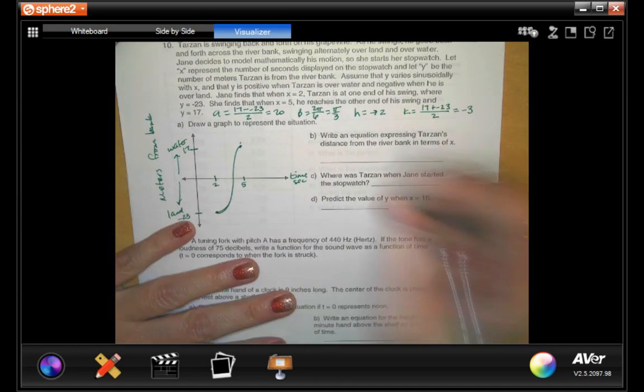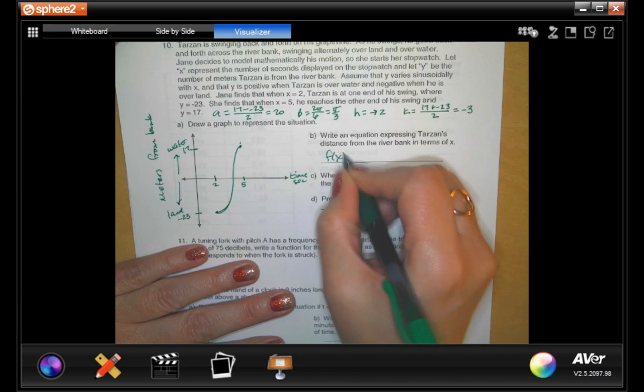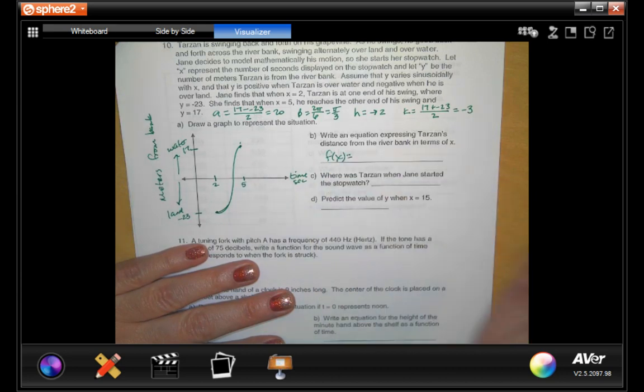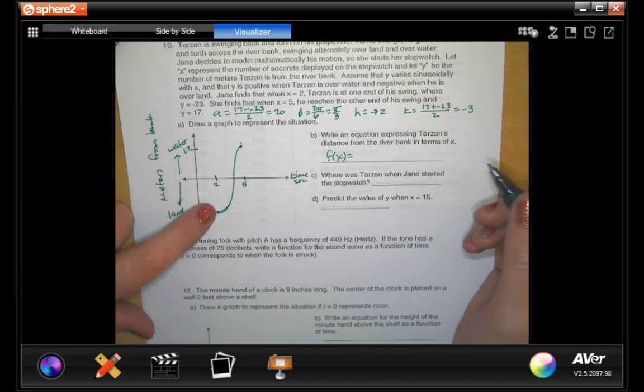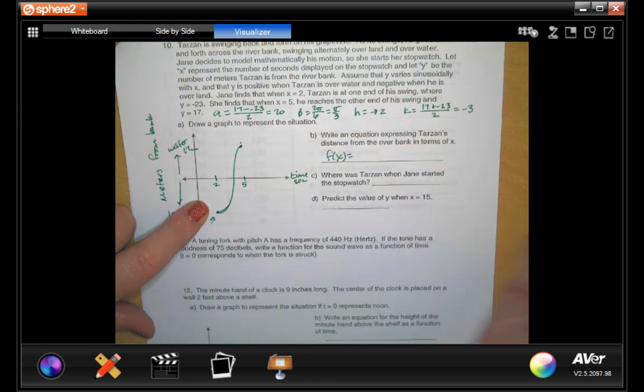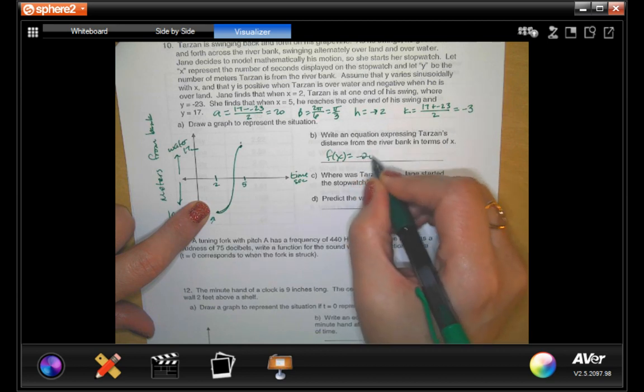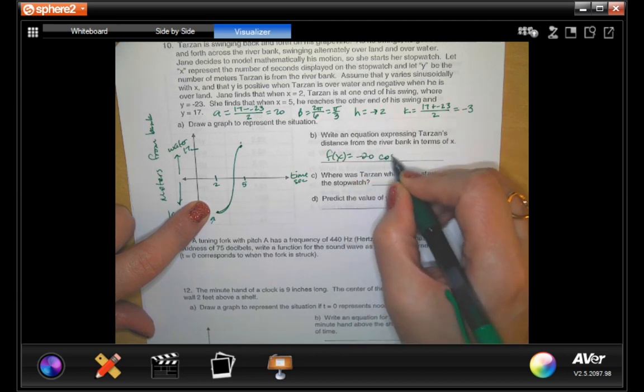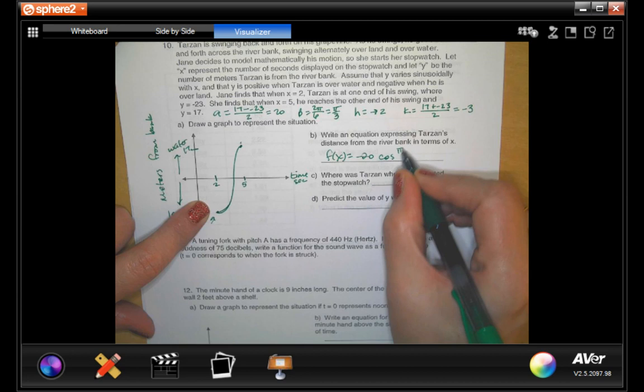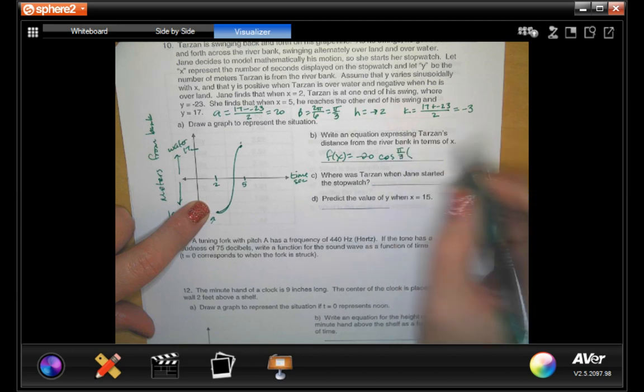Okay, so sine or cosine? Cosine. So if we're starting at this point here, right? What is A going to be, positive or negative? Negative, because we're starting below. So negative 20 cosine B, which we got to be pi over 3.